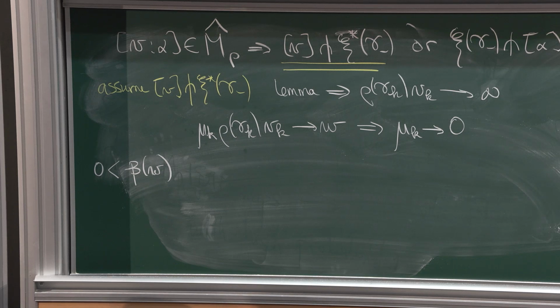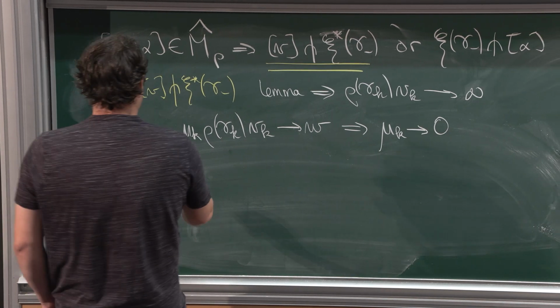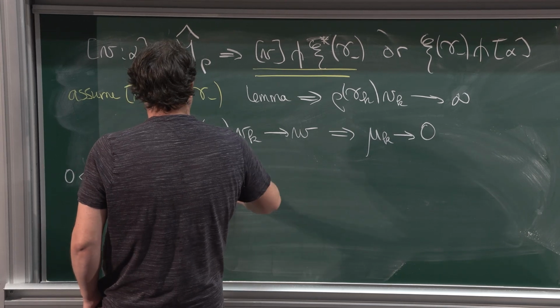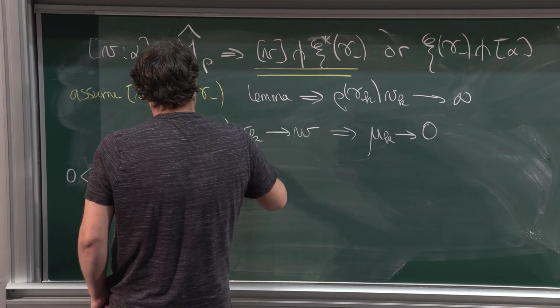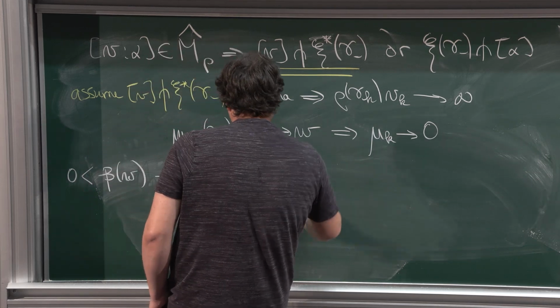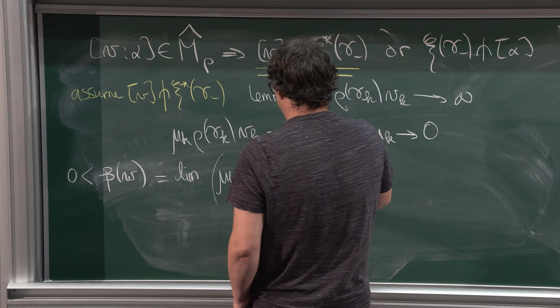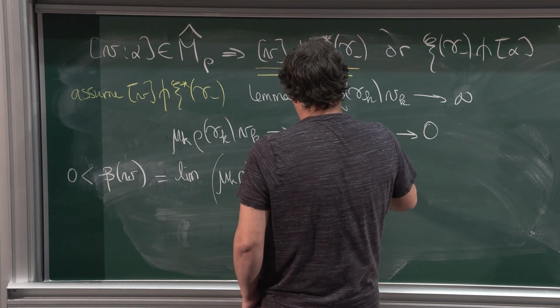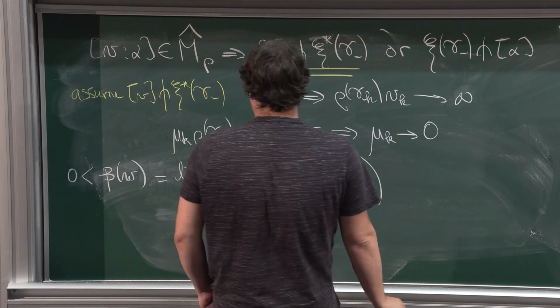But this beta of w, well, this beta is the limit of mu_k rho of gamma_k alpha_k, some linear forms applied to some vectors, which are the mu_k rho of gamma_k v_k's.